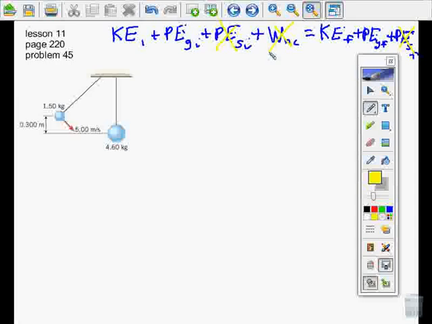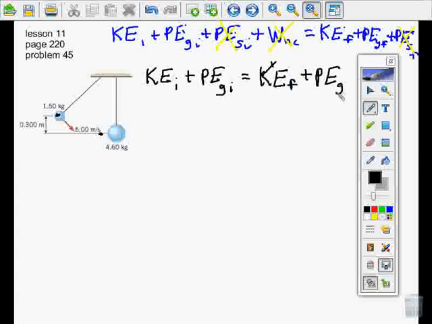So basically what we're left with is, if I consider this point up here as the initial point, and this point right here, right before it hits the sphere, as my final point, then the initial kinetic energy plus the initial gravitational potential energy equals the final kinetic energy plus the final potential energy.